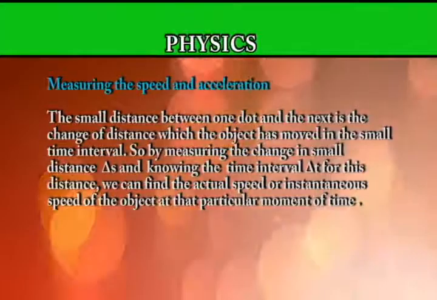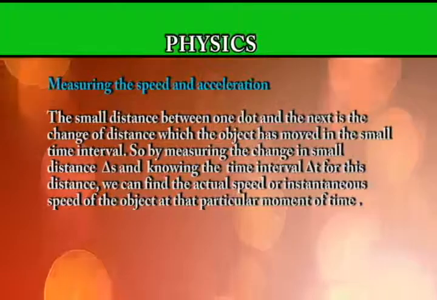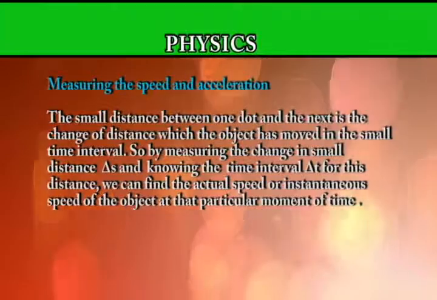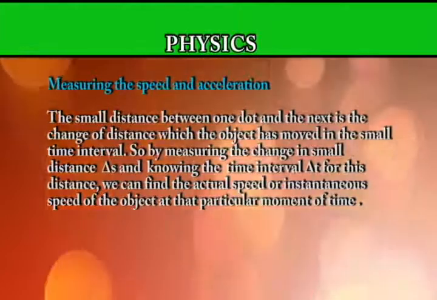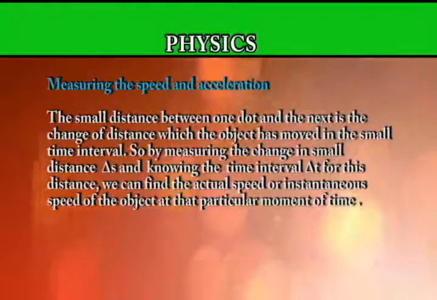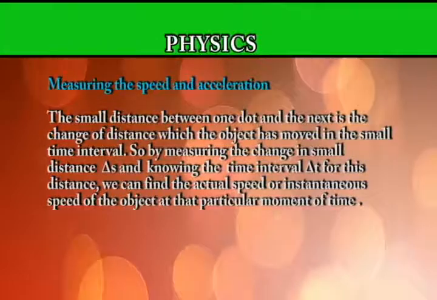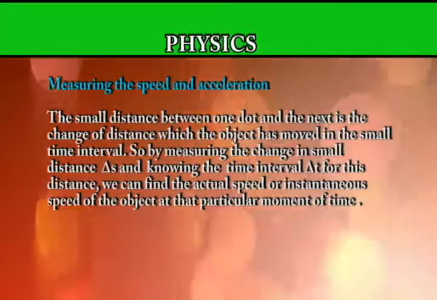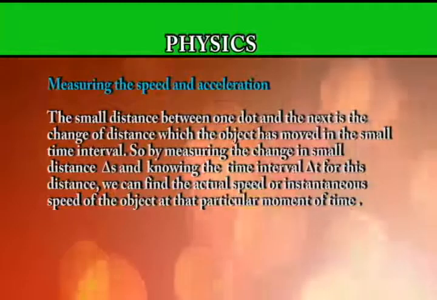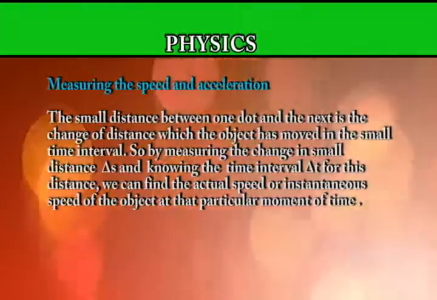Measuring speed and acceleration. The small distance between one dot and the next is the change of distance which the object has moved in the small time interval. So, by measuring the small change in distance, delta s, and knowing the time interval, delta t, for this distance, we can find the actual speed or instantaneous speed of the object at that particular moment of time.